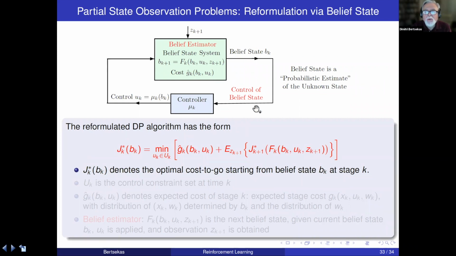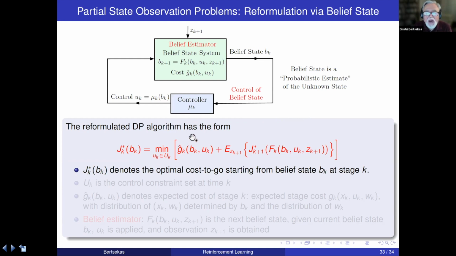So this is the type of reformulation. We're going to see examples of this in the future, but for the moment, we have gotten into the framework where we can apply our dynamic programming algorithm with perfect state information, because the controller knows the belief state, so it knows the state of the reformulated problem.